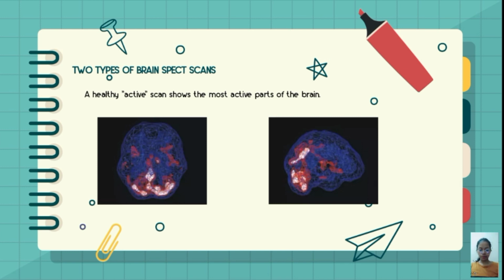It makes up just 10% of the brain's volume, but houses half of the brain's neurons. So here is the healthy SPECT active underside, and this second picture is the healthy SPECT active right side.